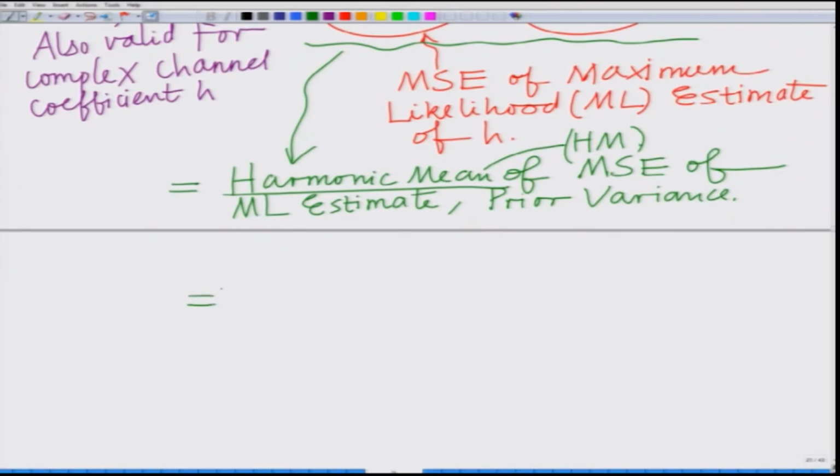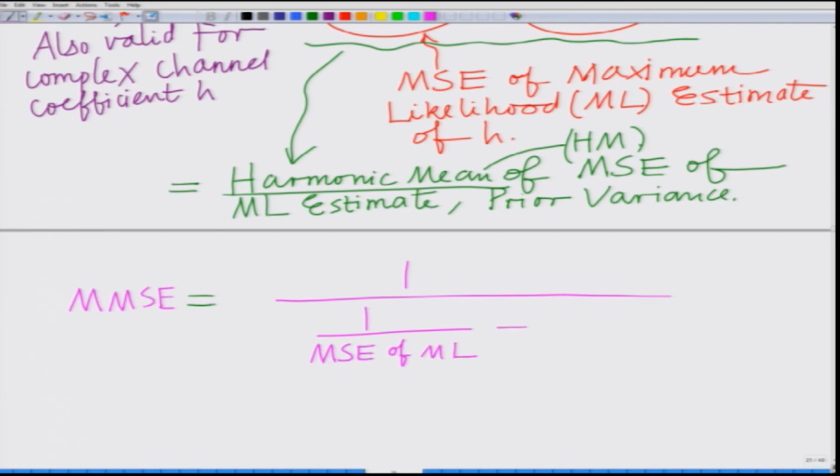And of course, the other intuition is also valid, which is, at the risk of being repetitive, the MMSE equals 1 over (1 over MSE of ML plus 1 over the prior variance).